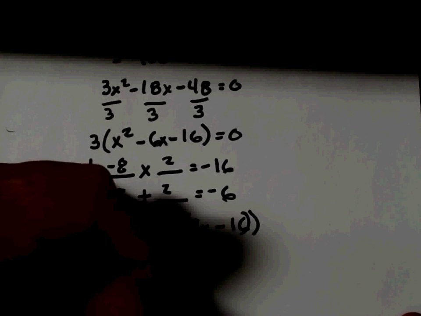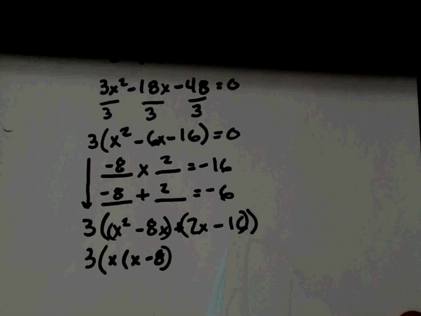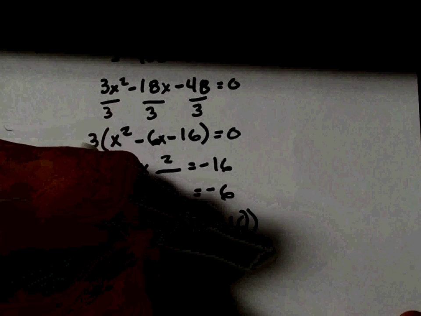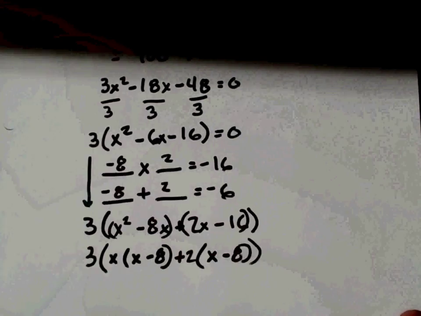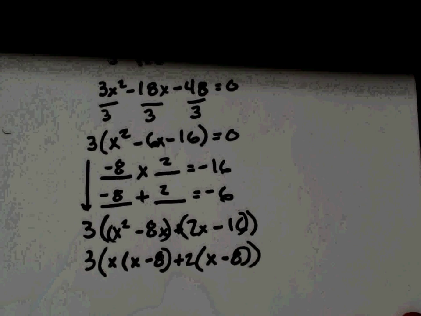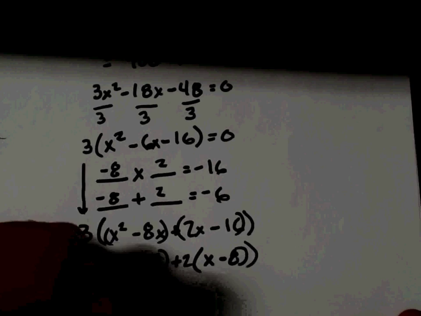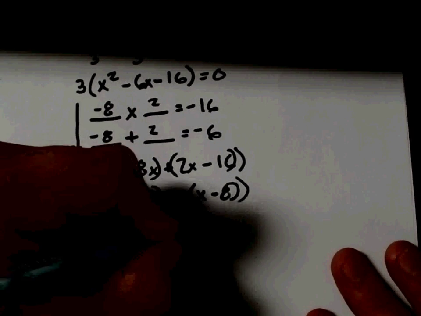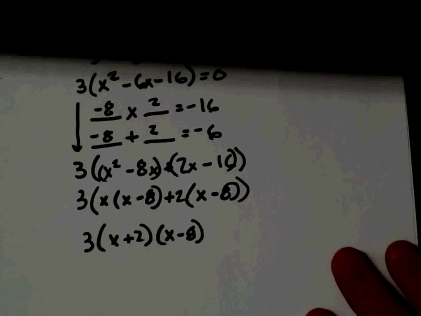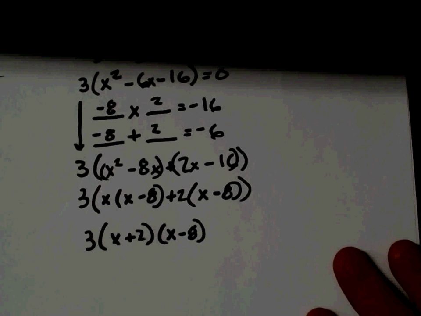And therefore I have x minus 8. What's common between 2x and 16? 2. And so that leaves me x minus 8, which is what I wanted. And so my factored form is 3 times x plus 2 and x minus 8. That's my factored form of all this.